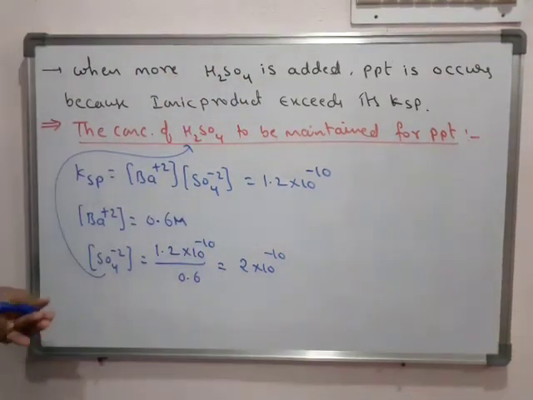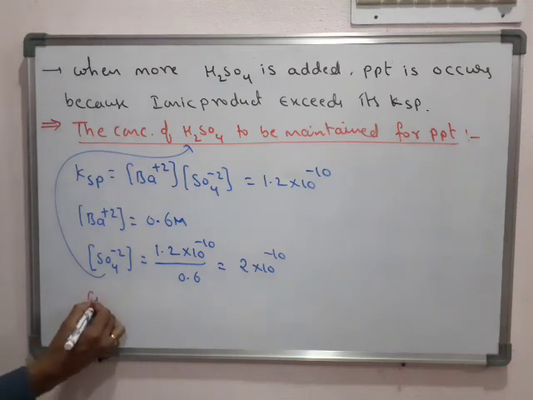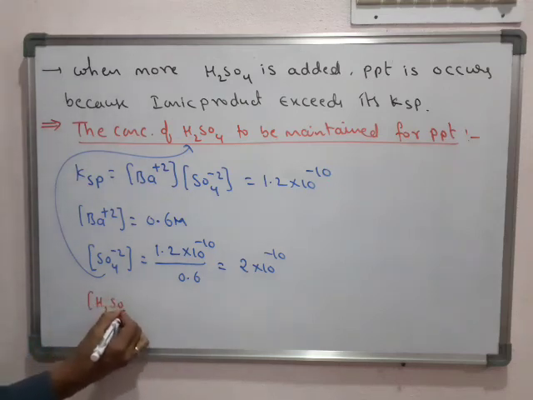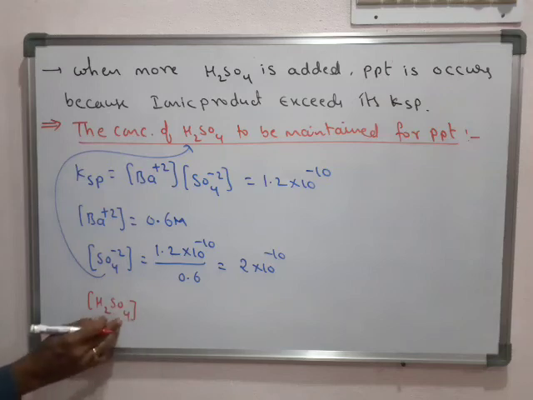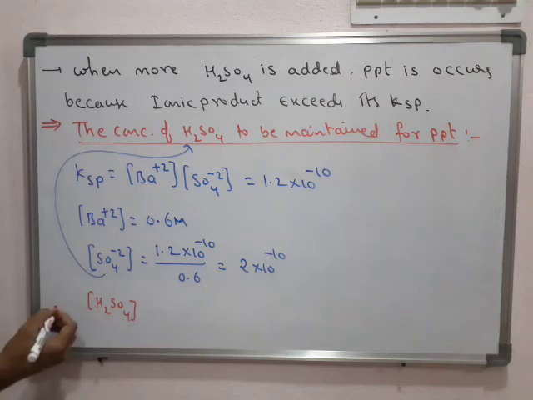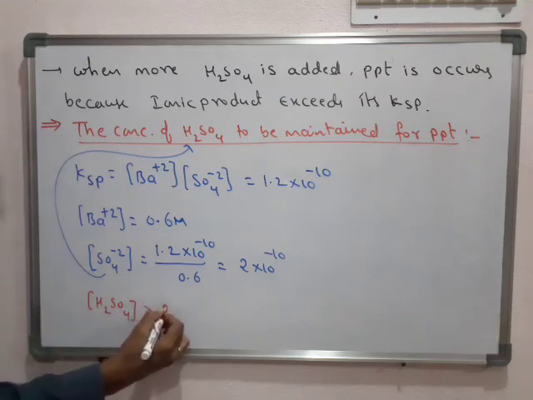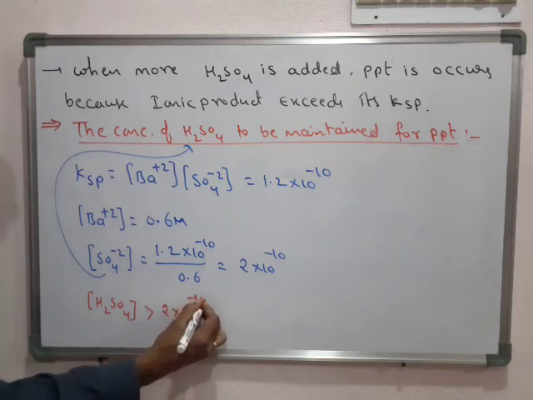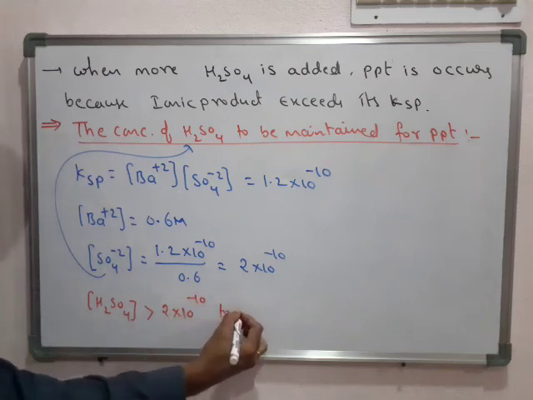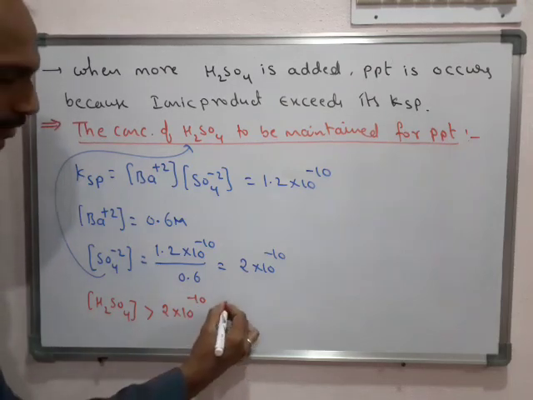సో మీన్స్ హియర్ వీ కెన్ రైట్ ఏ కన్క్లూజన్ దట్ the concentration of H2SO4, actually ikkada concentration of sulfate is obtained from H2SO4 only. So the concentration of H2SO4 must be greater than 2 into 10 power minus 10 for the precipitation.